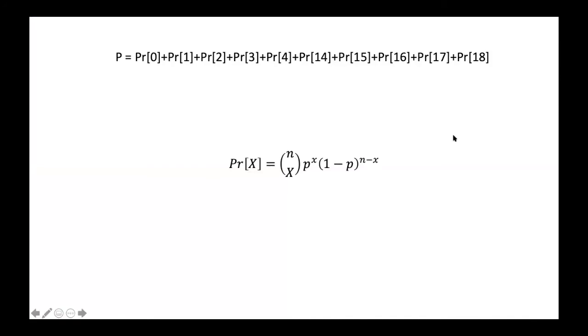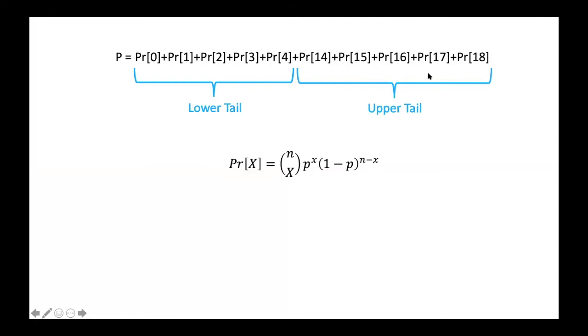Okay? So these observations here represent the probability of getting a value equal to or more extreme than our observed value at the upper tail. And because our alternate hypothesis was not directional, we need to also consider the probability of getting values as extreme or more extreme than our observed value on the other tail of the distribution at the lower end.